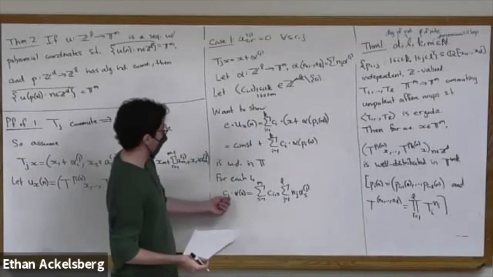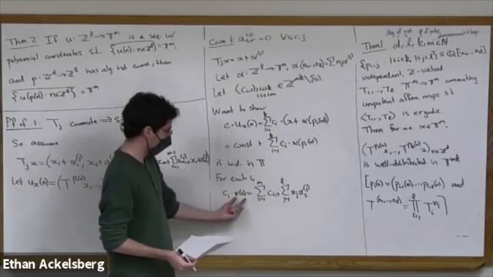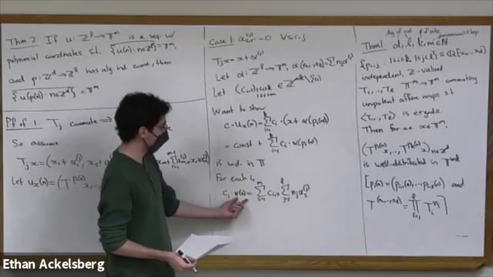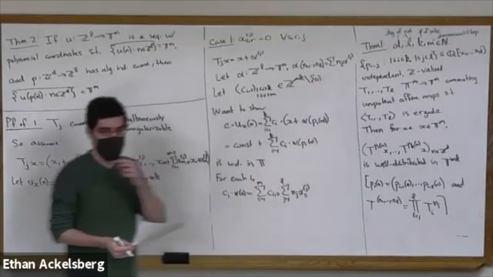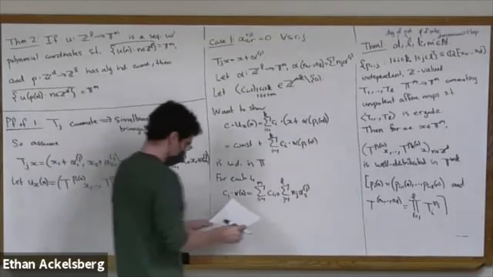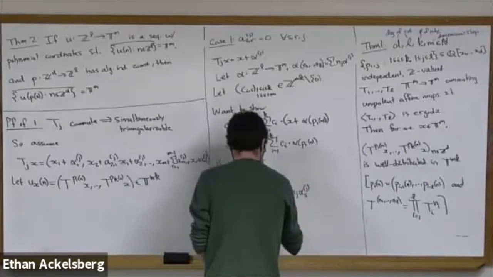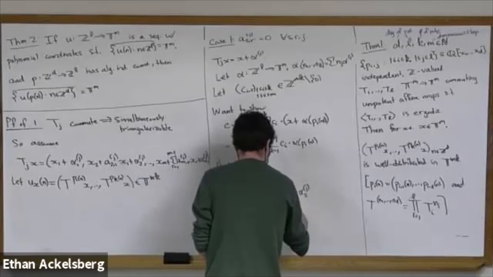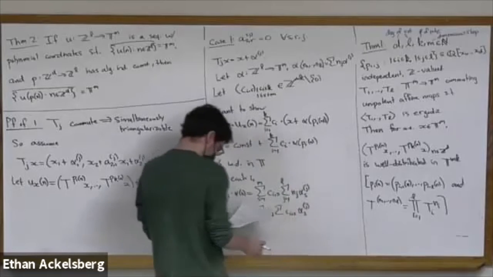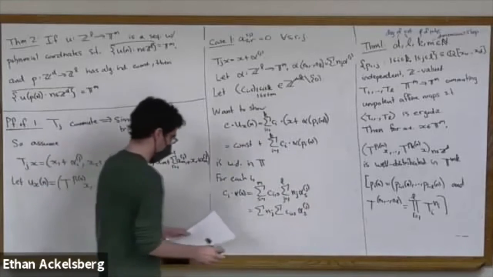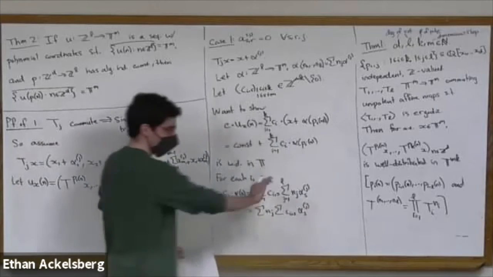These are both m-dimensional vectors, and I'm just summing over their coordinates. So I get c_{i,s}, and the s coordinate of alpha n is given by this sum here from the definition. And I can reverse the order of summation: the sum over j of n_j, sum over s of c_{i,s} alpha_{s,j}. And now this looks like a dot product of n with sums. That was the point of this switching.